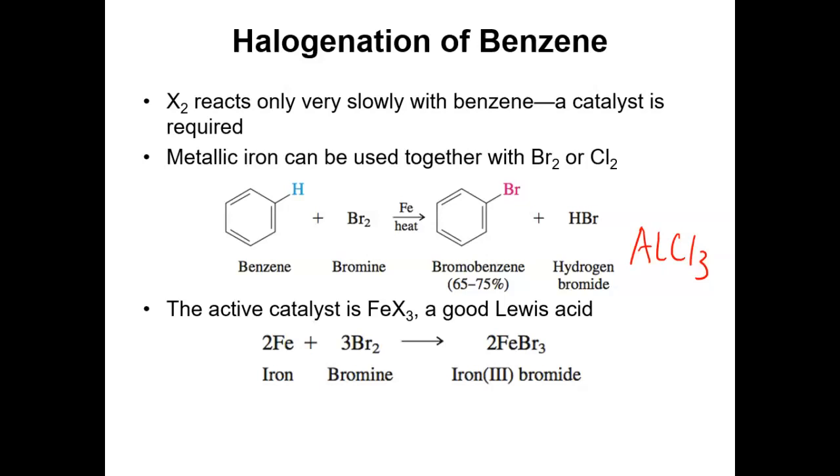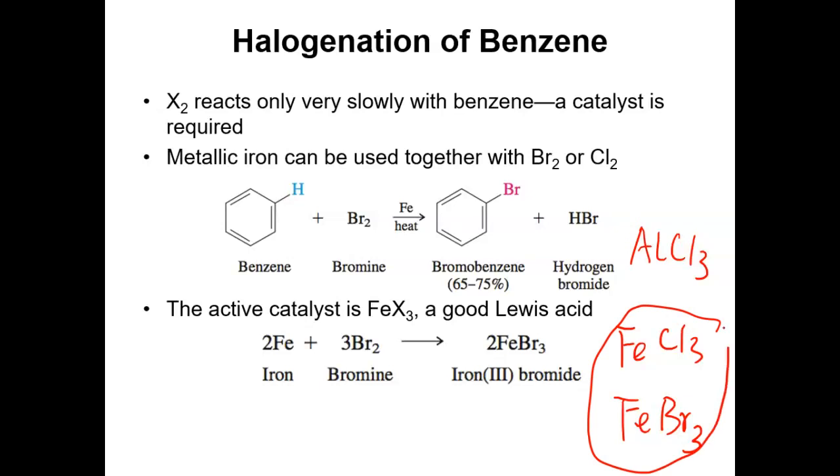So this can be used, but the more convenient one is you could directly use iron 3 chloride or iron 3 bromide. Those two are a bit weaker Lewis acids than this one, but in most reactions, they are strong enough to speed things up. So these two are really commonly used.